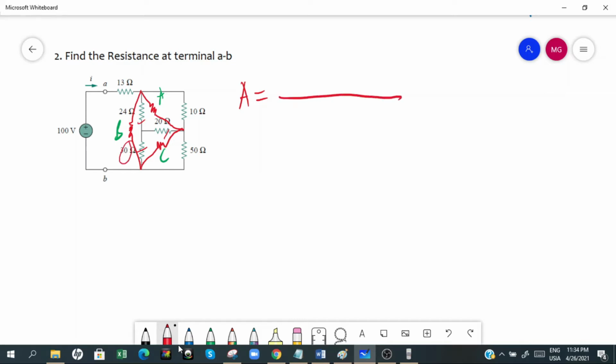So 30 is the denominator. Now the numerator, let's just multiply each possible pair. So we have 24 times 20 plus 20 times 30 plus 30 times 24.